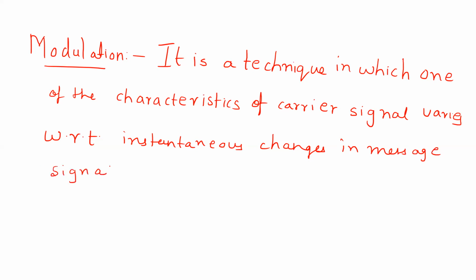Now I'll make you understand what it means. Every word has a significance here. It says that it's a technique, a procedure in which the characteristics of the carrier signal change.